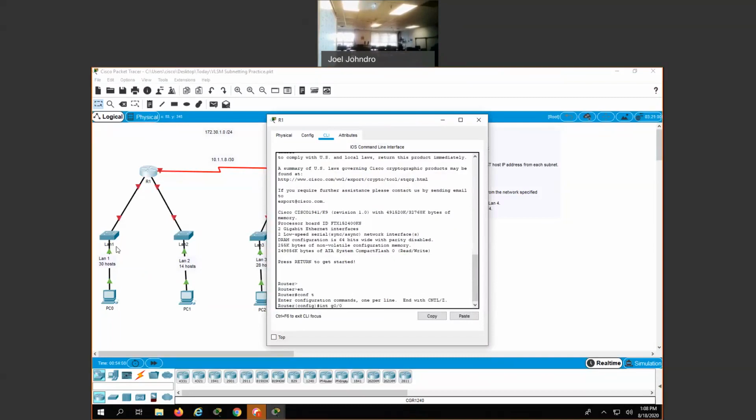We're making sure that we use the proper IP addresses for the LANs. These don't go in order. You know, we chose largest to smallest, not first, second, third, fourth. LAN 3 is the second largest. LAN 2 is the third largest. But LAN 1 is the largest. So we'll start with LAN 1. That's on interface gigabit 0/0.